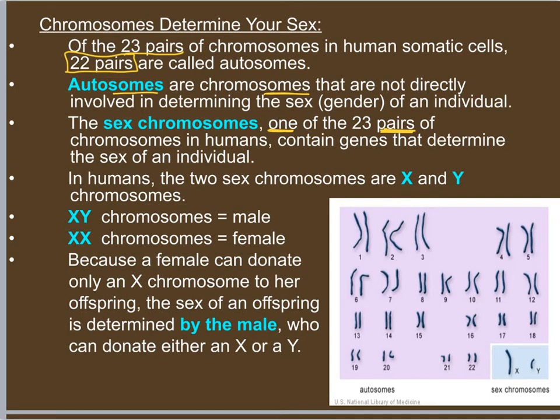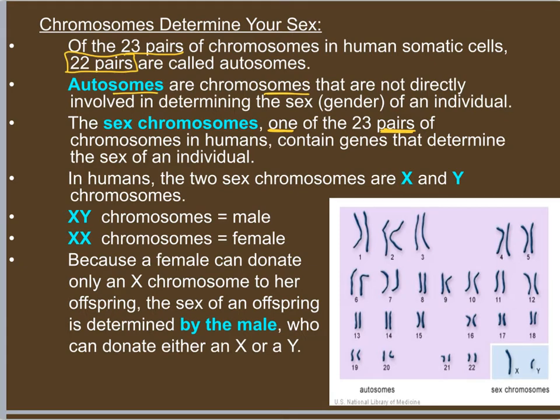Those are two commonly mixed up things. Anyway, autosomes are chromosomes that do not determine your gender or gender-related characteristics. So the things that make you male and female, they don't determine that. Like eye color. Both males and females have eye color. They have hair color. They have heights and things like that. Autosomes are those kind of traits.